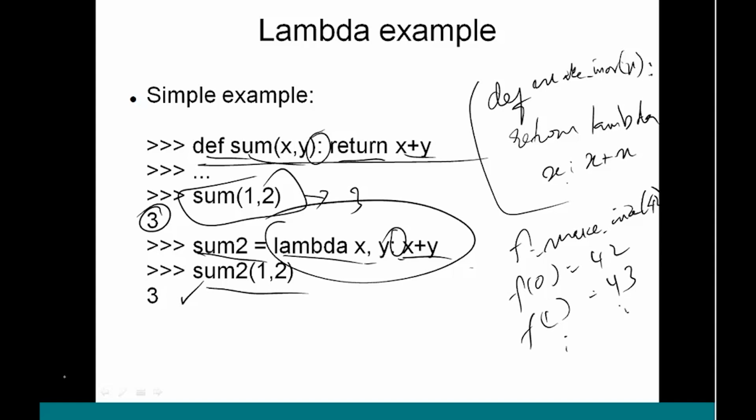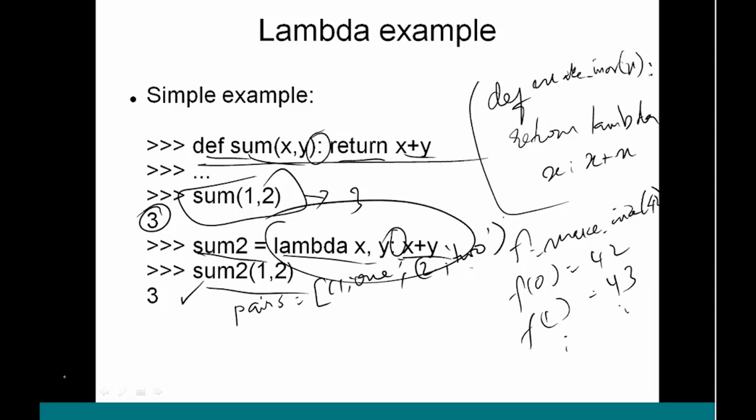Another example is that you can pass a small function as an argument. So how do we do that? Let's see. We define a list, which is called pairs, and the pairs are (1, 1) and (2, 2).